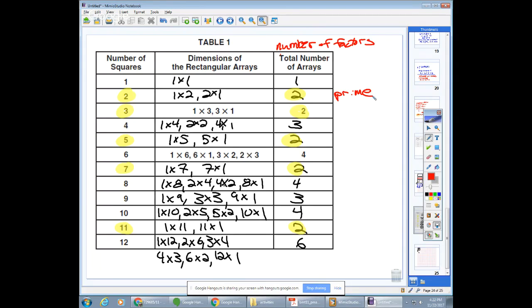1 isn't considered a prime because it only has a single factor. It doesn't have 2 distinct factors. So 1 is not a prime number. Now, other than that, if numbers have more than 2 factors, so all the numbers that are unhighlighted, they're called composite numbers.